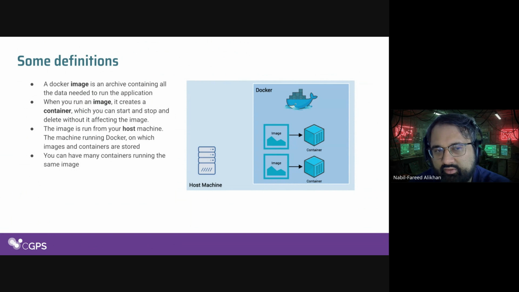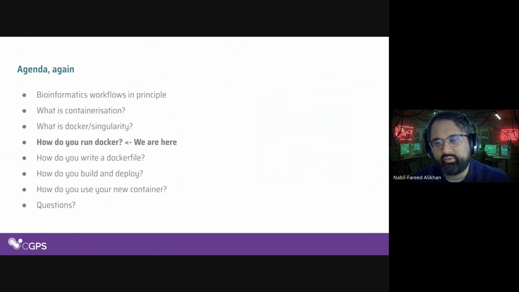So it's like the process. It's just an instantiation of the process from that image. You can run multiple containers from a single image. The image is run from your host machine, so that's usually the thing you're working on directly. And yeah, you can have many containers running from the same image.